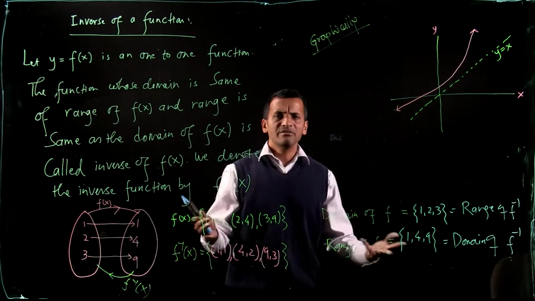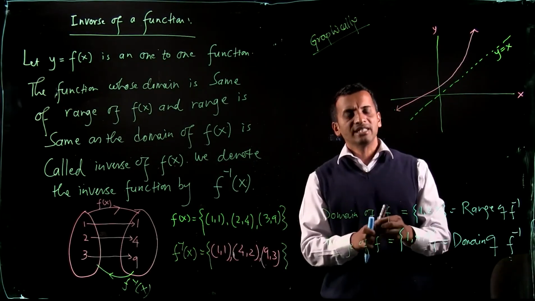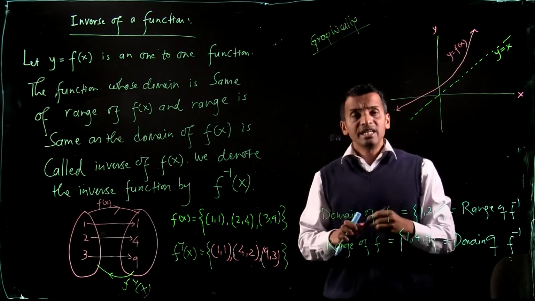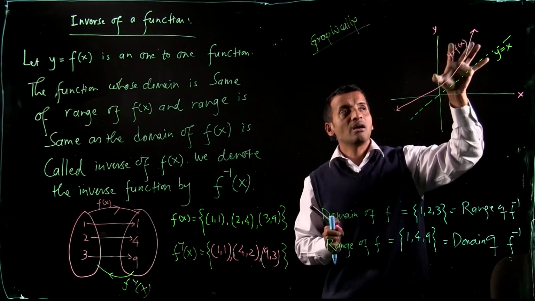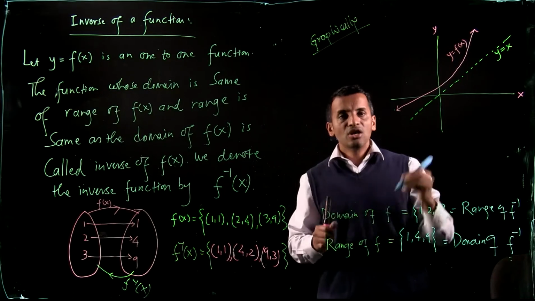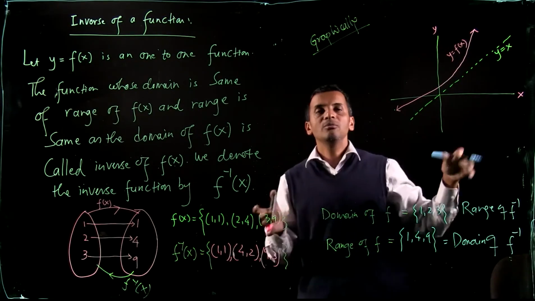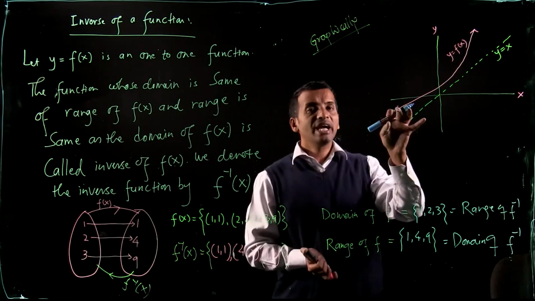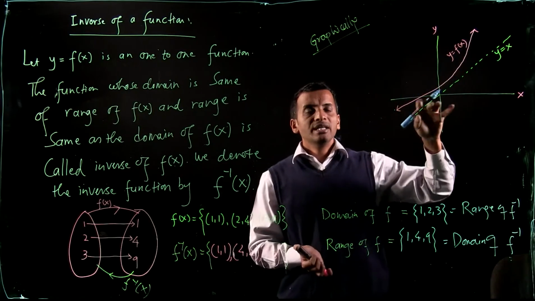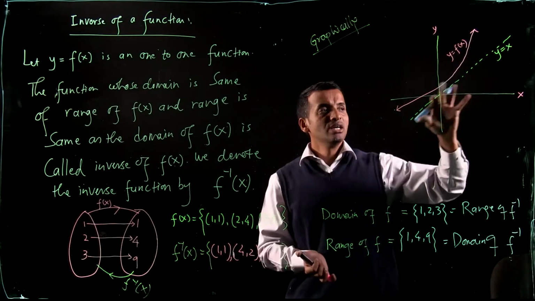So what is the meaning of the inverse function in terms of the graph? Suppose y equals f of x is that graph. Since the inverse of this function is obtained by interchanging x and y, all the x components will be y components and all the y components will be x components. So in the graph, the inverse of this function will be the reflection of this graph about the line y equals x.